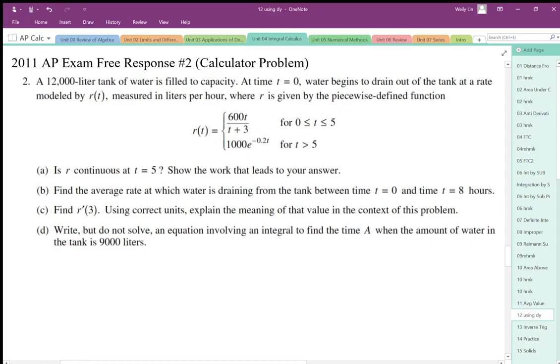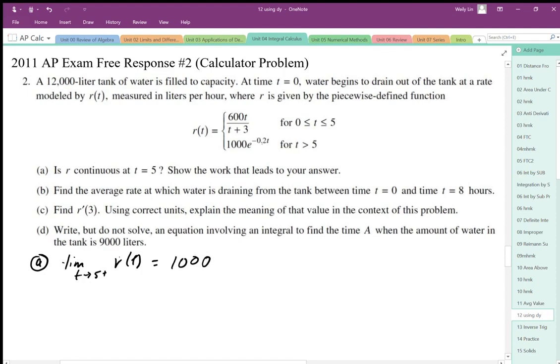The first part of the question is asking, is it continuous at t equals 5? Well, we need to check if the limit as t goes to 5 from the positive side of R(t) is equal to the limit as we come from the negative side. Let's check the positive side. It's going to 5, so it becomes 1000 e to the negative 1.